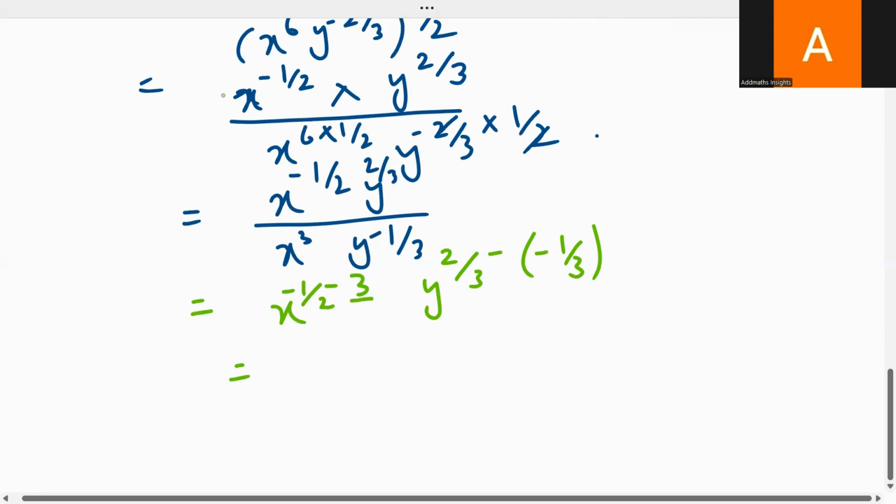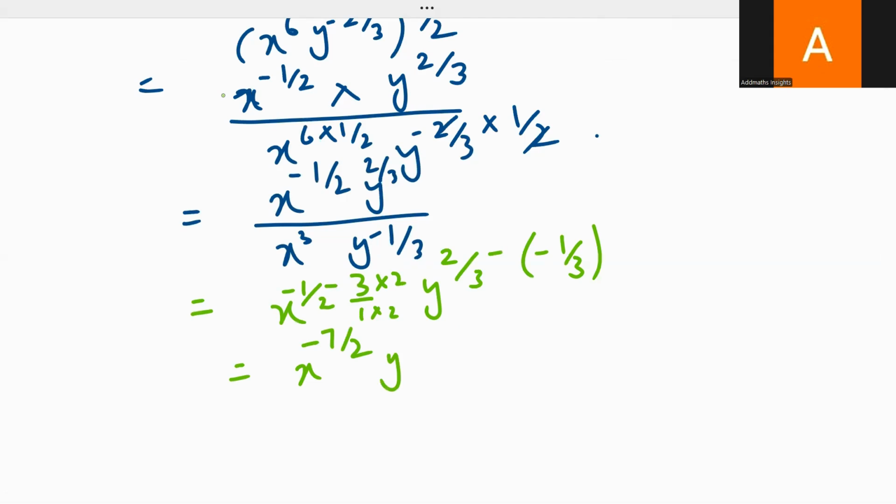So minus 1 by 2 minus 3, you can take LCM. So minus 1 minus 6 is minus 7 by 2. And here minus 2 by 3 and plus 1 by 3, 2 by 3 plus 1 by 3 is 3 by 3, which is 1.